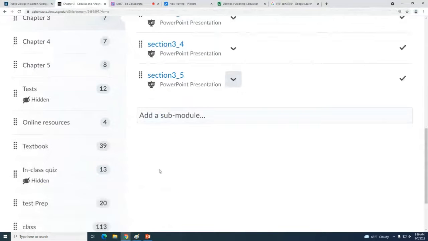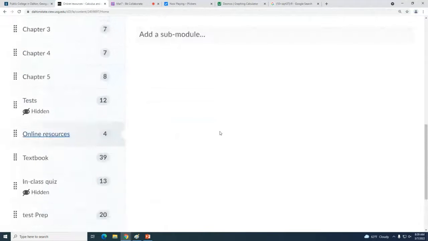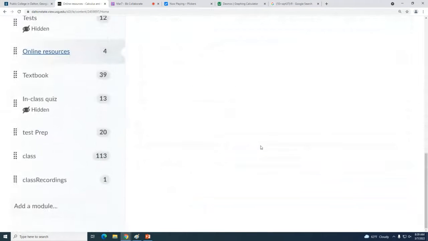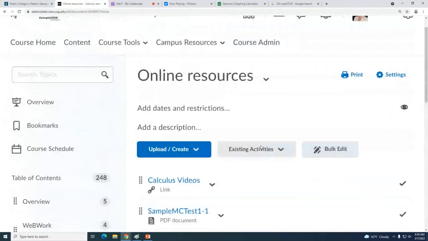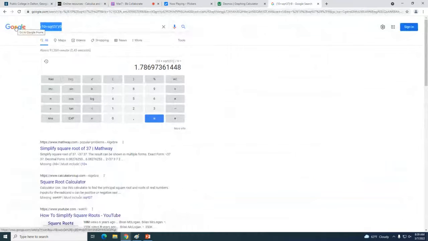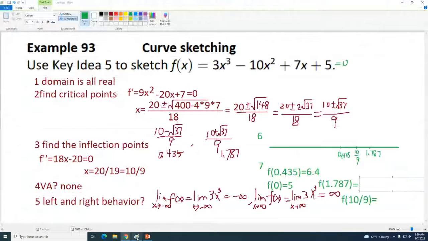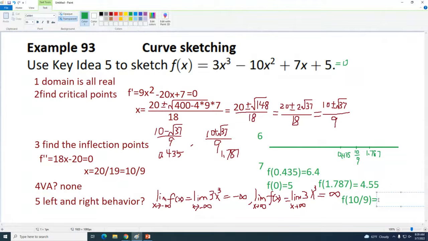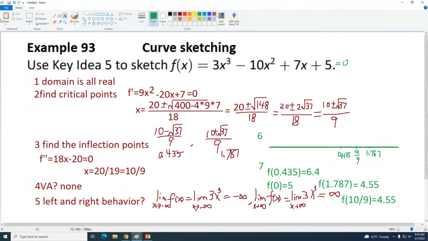I guess I might have posted a couple of online calculators just to help us. All right. Okay, second one is about 4.55. Okay. 4.55. Okay. No, that one's for 10/9. Oh, this one's for the... Yeah. 10/9. Thank you.